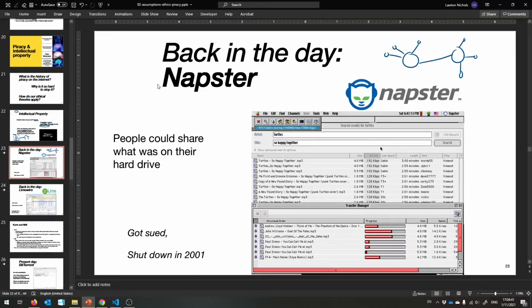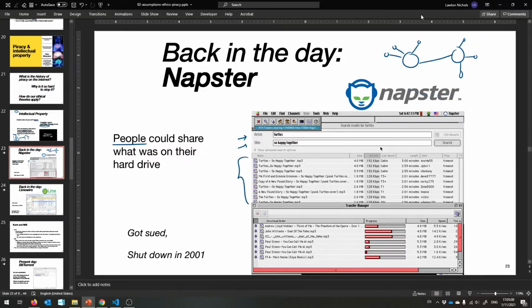One individual person could share what was on their personal hard drive with other people. So if you wanted something on your hard drive, you had to download it from another person. You can search for what you want in a search bar, and then it goes and asks everyone in the network, hey, do you have this thing?